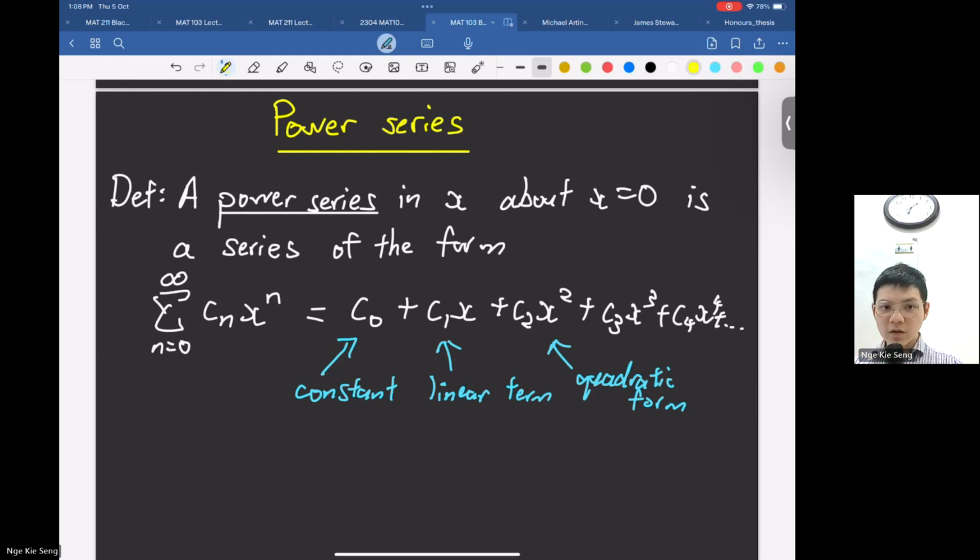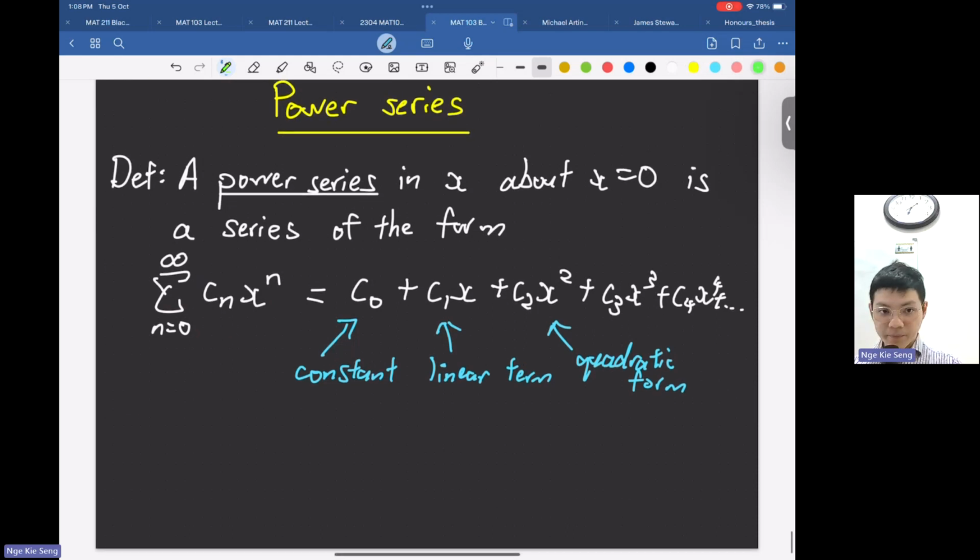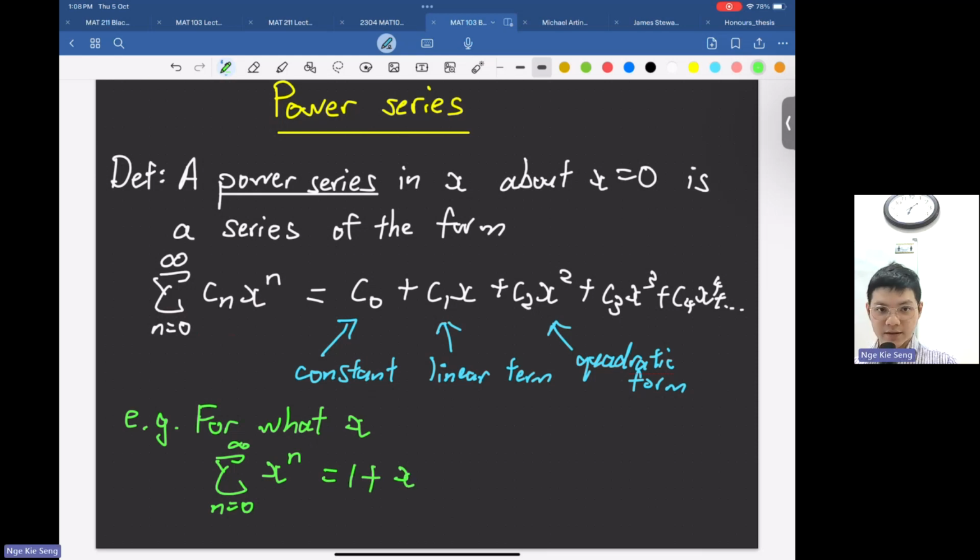For example, for what x does the power series sum of x^n converge? I pick my constant to be 1 in this case. When does this converge?